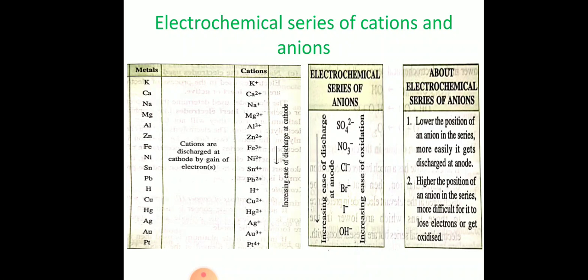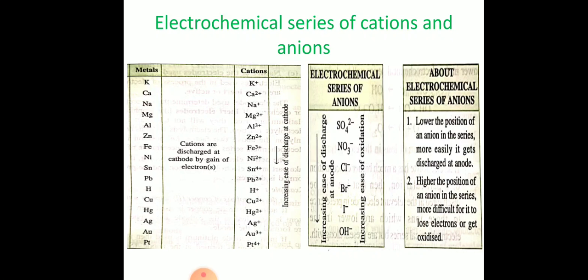This can be remembered from this order. The cations which are at the bottom will be discharged first at the cathode. So according to that, H plus will be discharged at the cathode first compared to Na plus. So the lower the position of a cation in the electrochemical series, the sooner it will be discharged at the cathode. This you need to remember.